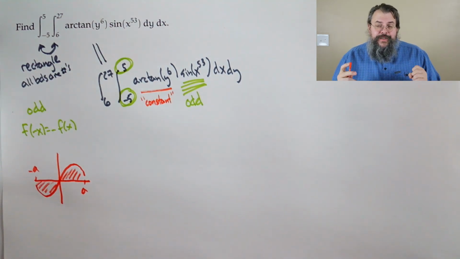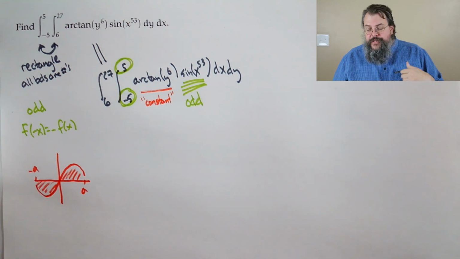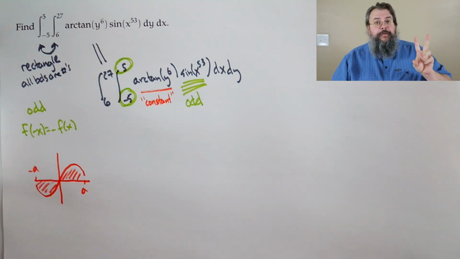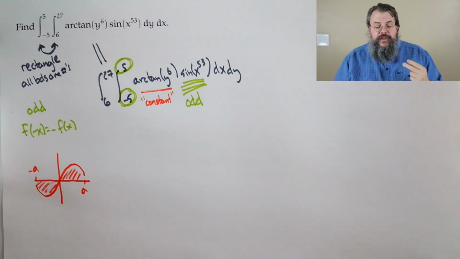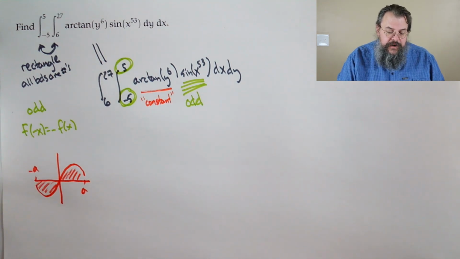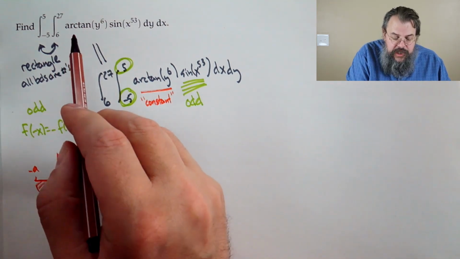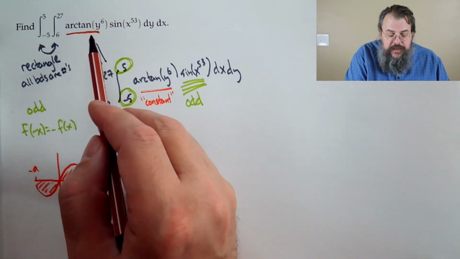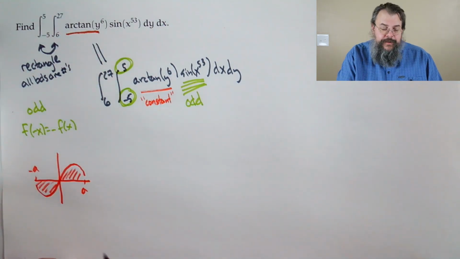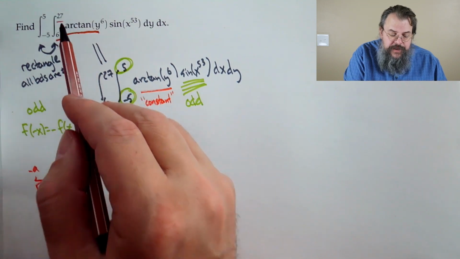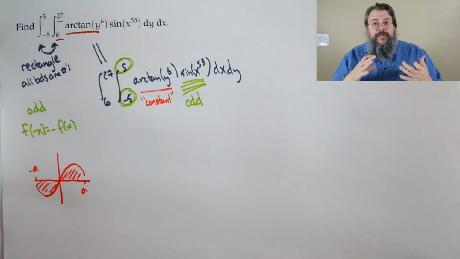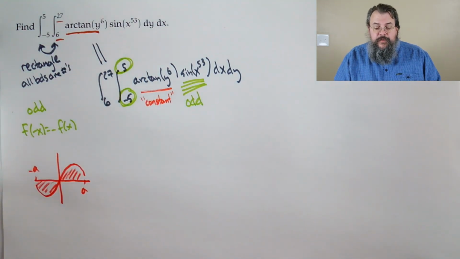So we say, aha, use symmetry. Well, we had to switch the order of integration to get there. Notice that our original function, arctangent y to the 6, it's not an odd function. And the bounds were terrible. And so we weren't able to use anything about symmetry to simplify.